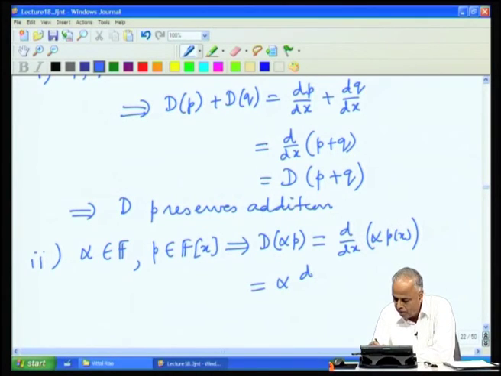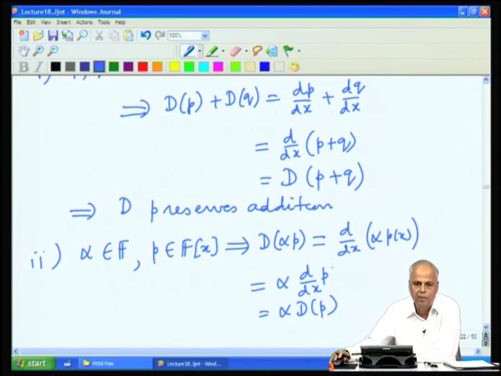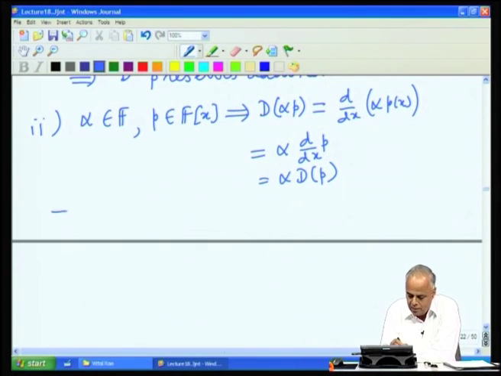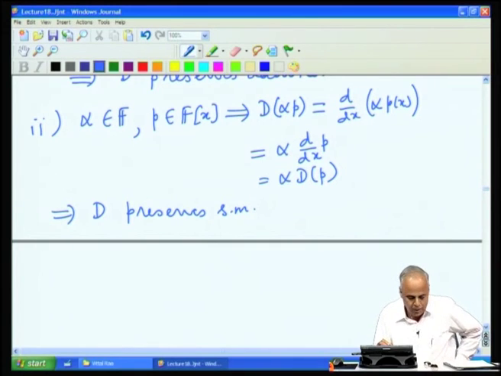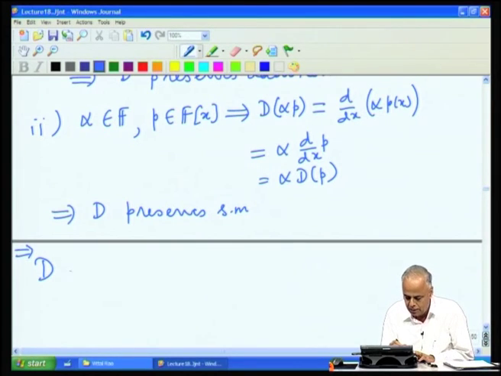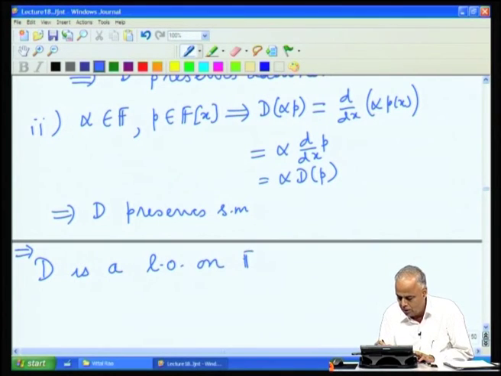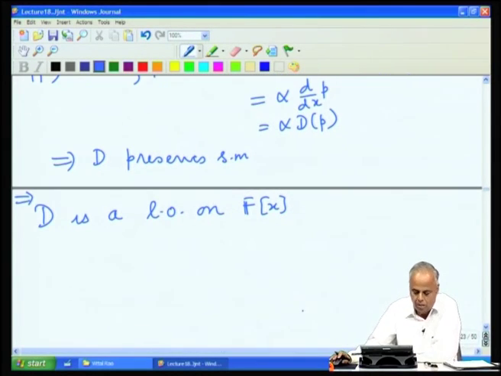So, this will be alpha d/dx of p, but d/dx of p is just D of p, and therefore D of alpha p is alpha Dp, and hence D preserves scalar multiplication. Thus D preserves addition and scalar multiplication. It is a transformation from F[x] to F[x]. So, all this put together gives that D is a linear operator on F[x]. Thus, the differentiation operator is a linear operator on the space of all polynomials.